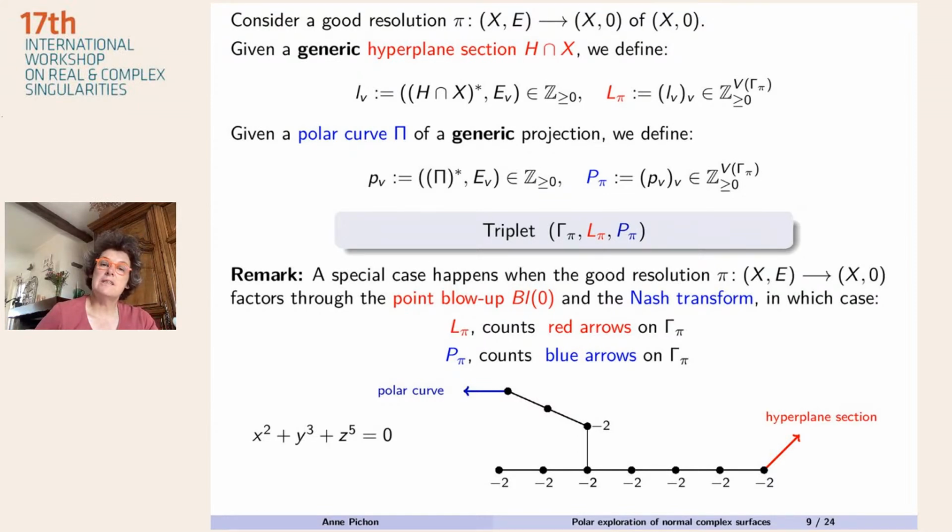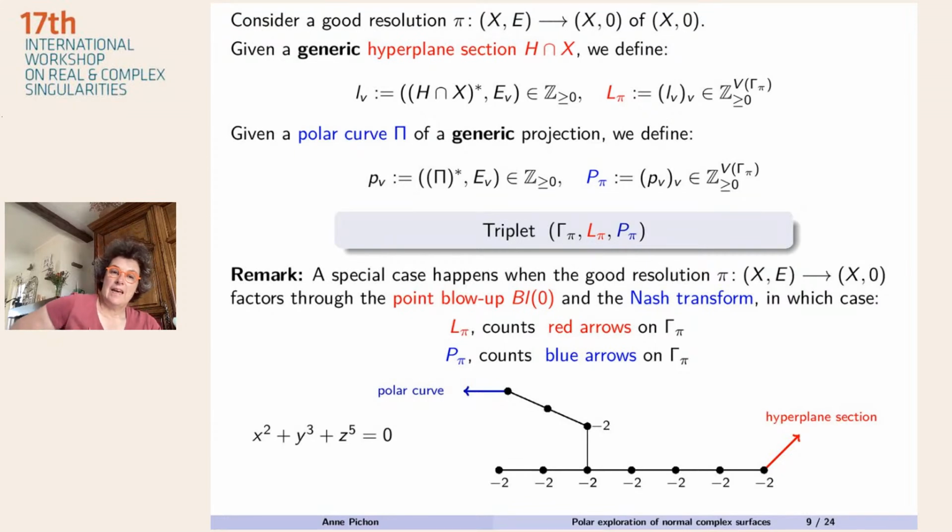And now you can consider the vector L pi consisting of the collection of l_V for V a vertex of the resolution graph of pi. Then you get a vector consisting of n integers, where n is the cardinal of the set V(gamma pi) of vertices of gamma pi.